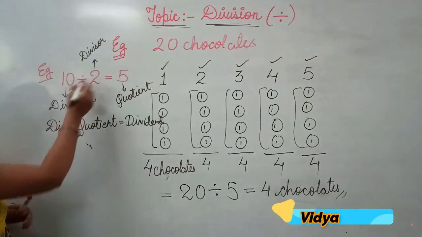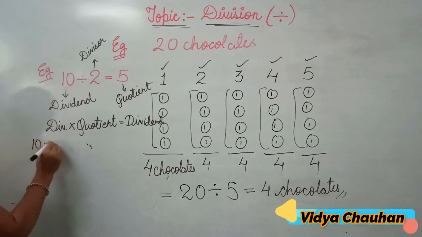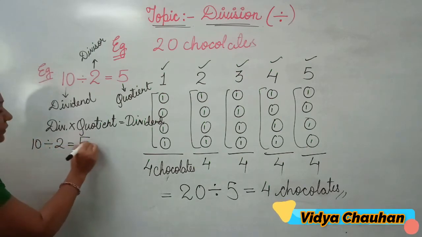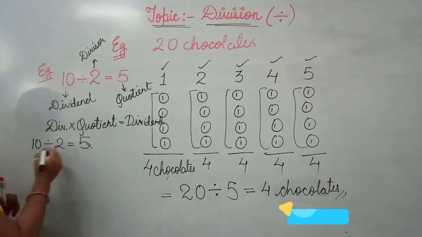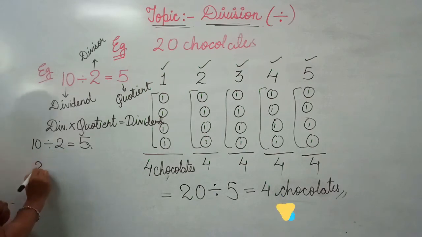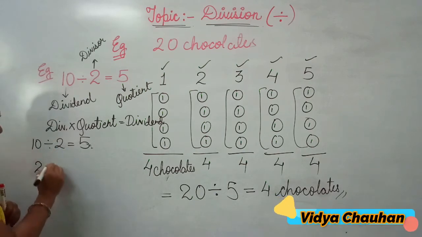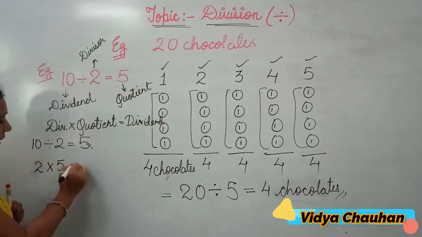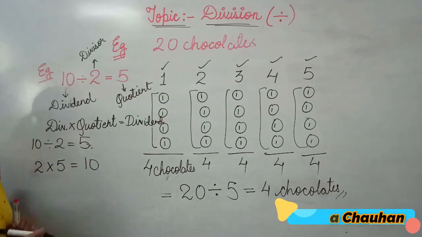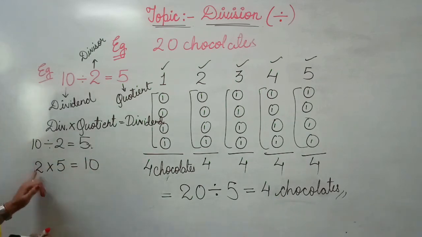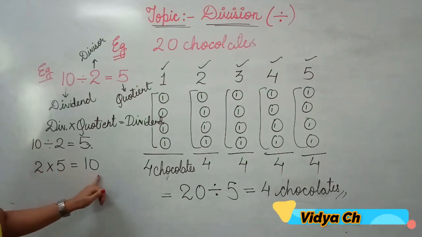Right, children? So here, if I have to write 10 divided by 2 equals to 5 in its multiplication fact, I will be writing as 2, which is our divisor, multiplied by 5 equals to 10. Right? 2 multiplied by 5 equals to 10.